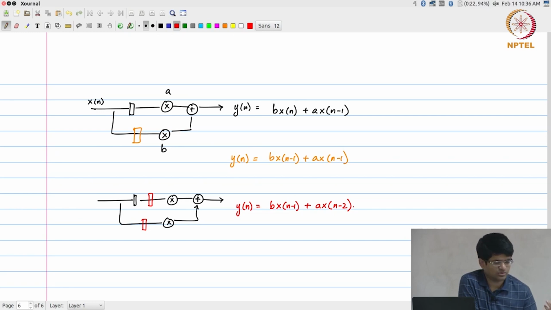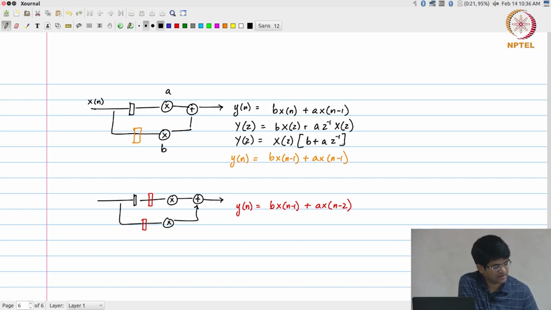One way to understand it more clearly is to write the corresponding transfer function in terms of z transforms. In the first case, y of z equals b x of z plus a z inverse x of z, which means y of z equals x of z into b plus a z inverse, or alternatively, y of z by x of z, the transfer function, equals b plus a z inverse.